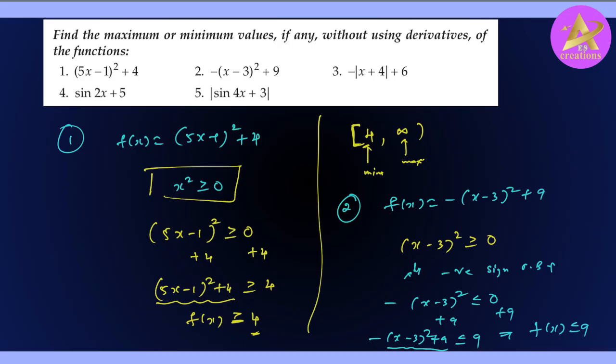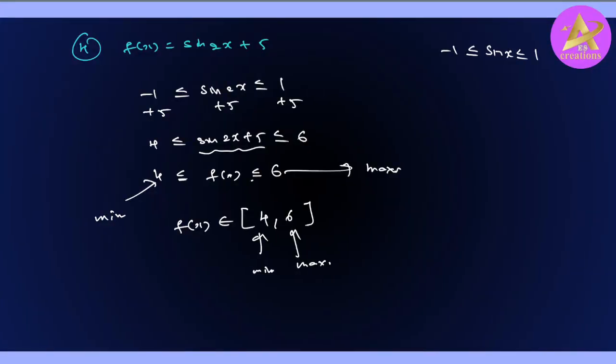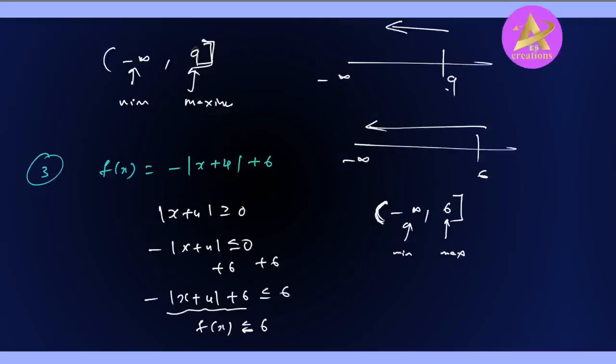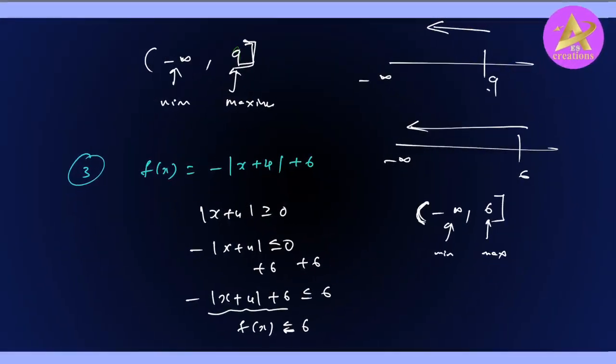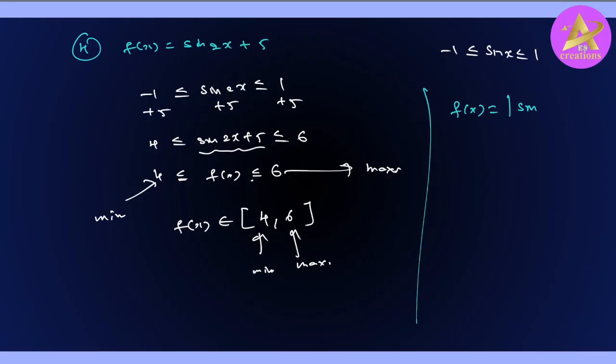Next is the fifth one, f of x equal to mod of sine 4x plus 3. Okay, the mod is given, that is important. This type of question is also very important.